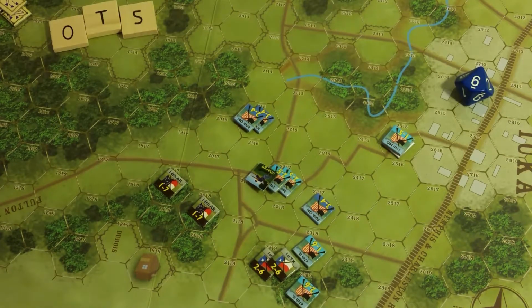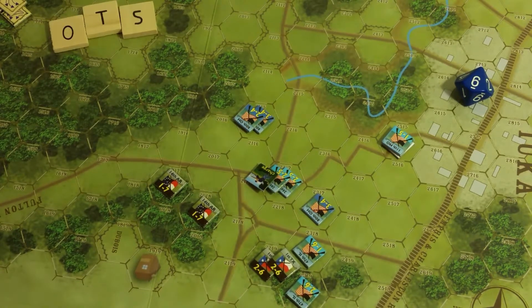Actually, that's the only place I've seen it so far. All units, regardless of command status, have 3 movement points per action segment. Okay, expending only 2 of its 3 movement points, the stack could move an additional hex. Okay, it'll stay there.